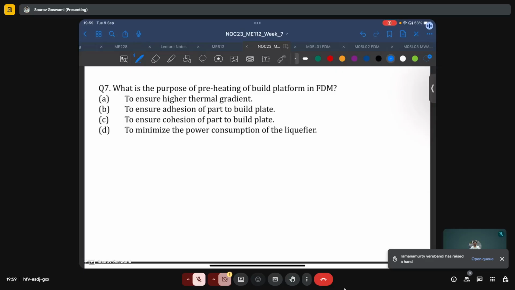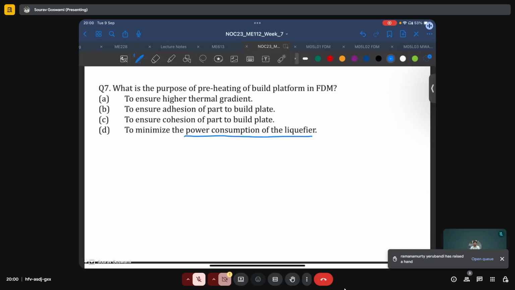Now, if we are preheating the build plate, the power used for this will of course be counted in the overall power consumed by the machine. However, it is not really linked to the power consumption of the liquefier because the resistive heating in that region is separate from the heating of the build plate.